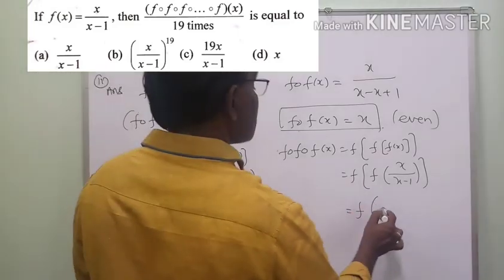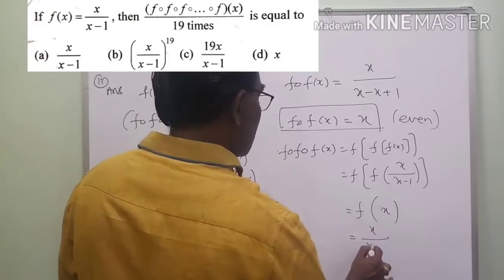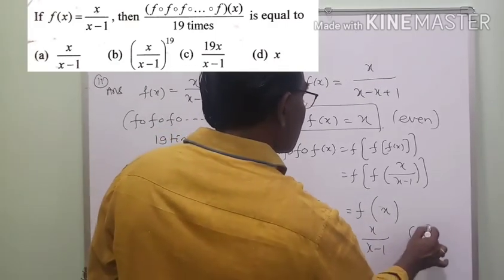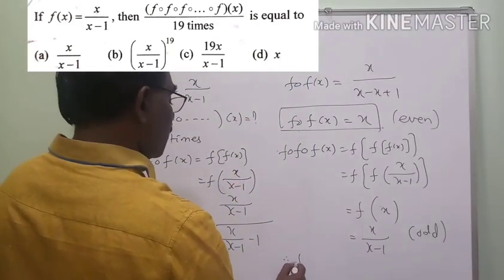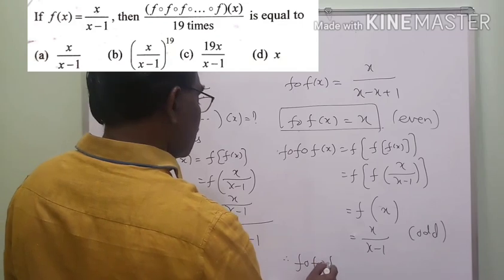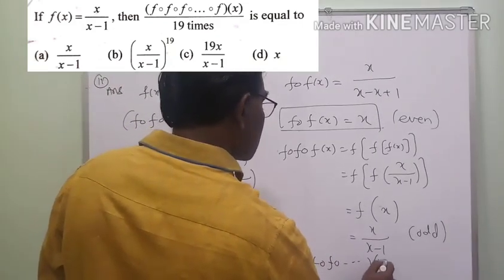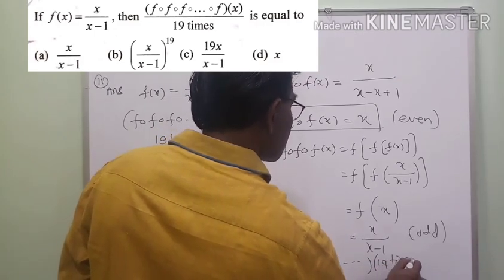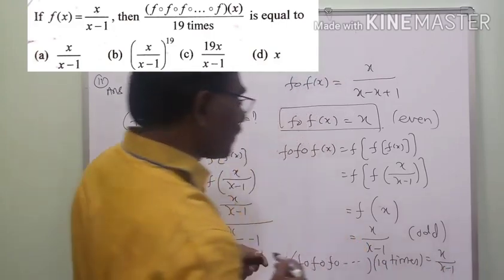I think it is x only. So now we get the odd one: x by x minus 1. Therefore f composition 19 times is equal to x by x minus 1.